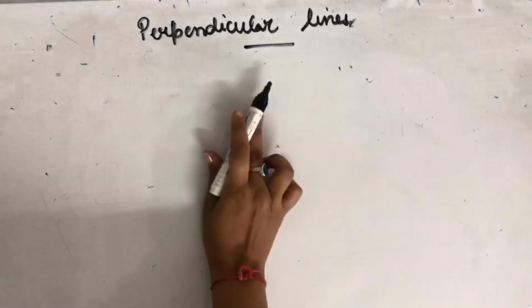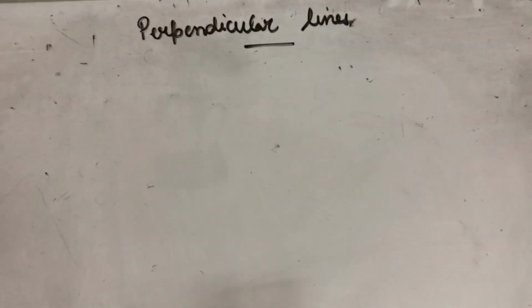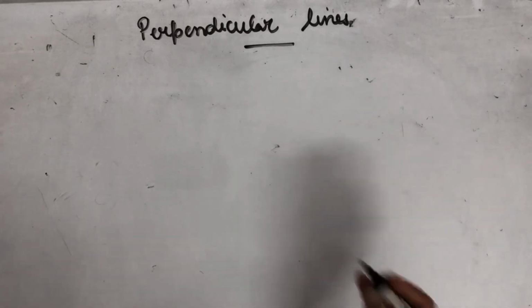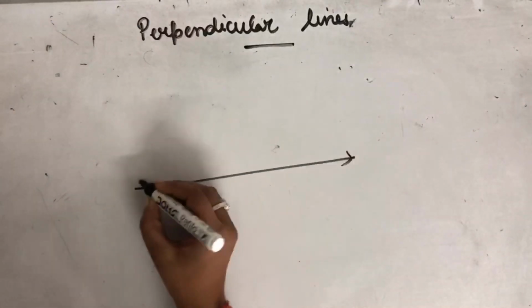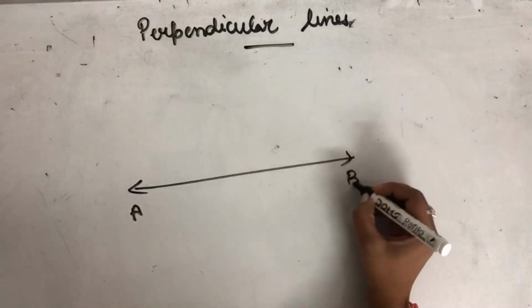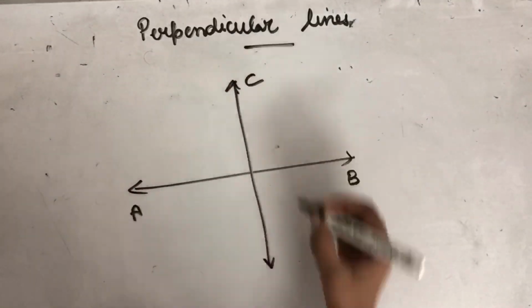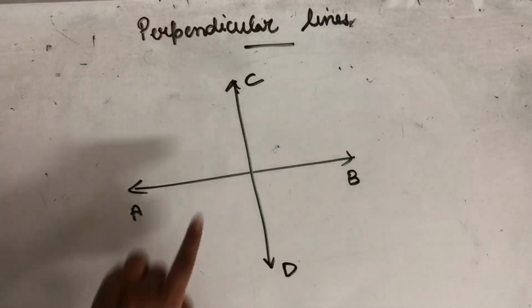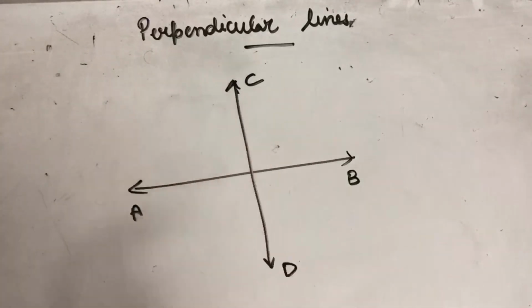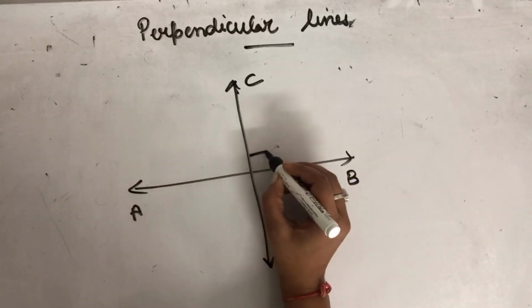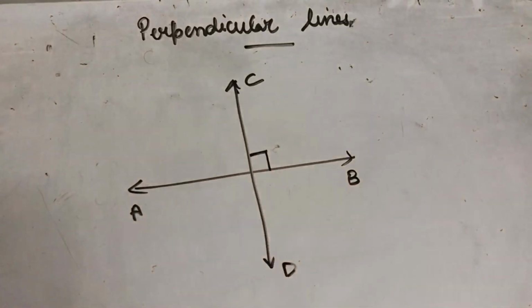Next one is perpendicular lines. So perpendicular is right angle. So lines which are making right angle with each other are known as perpendicular lines. Let's say this is a line AB and this is a line CD. Now both these lines intersect each other and make 90 degree.